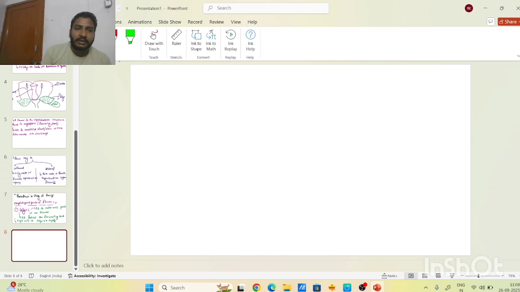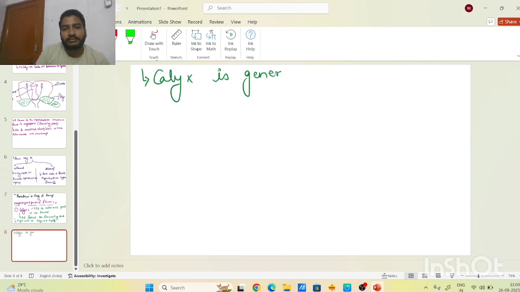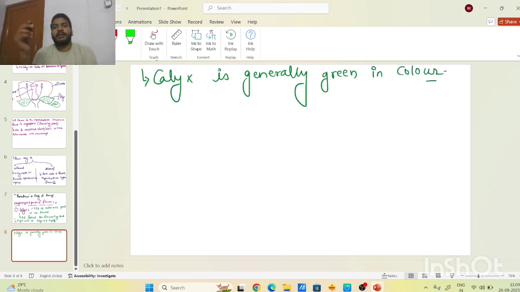Basically, the calyx is the green colored part. Calyx is generally green in color. What does that mean? If the green color is showing, it indicates that chlorophyll is present in this part, which also indicates the photosynthesis process.